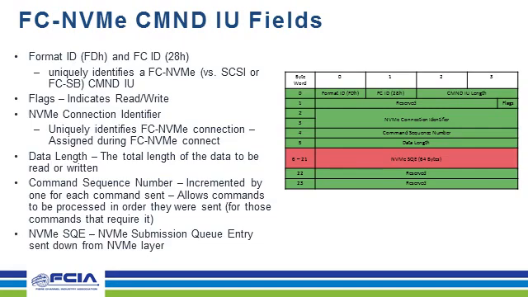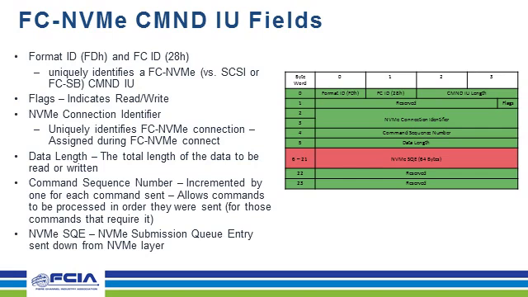So what does the command IU look like? If you're familiar with the SCSI FCP CDB command IU, you'll notice that the FC-NVMe command IU is pretty different. It's changed to be optimized for FC-NVMe. If you look at the first two bytes in the command IU, those are unique identifiers.